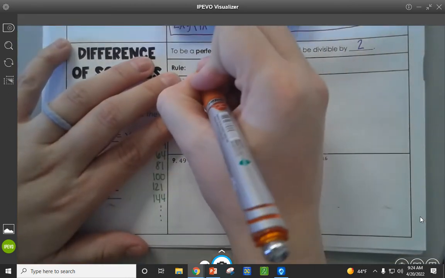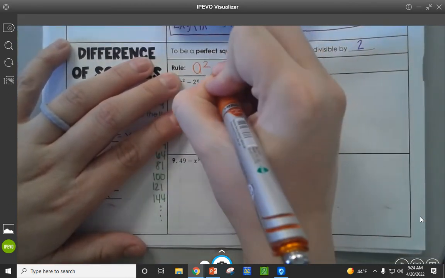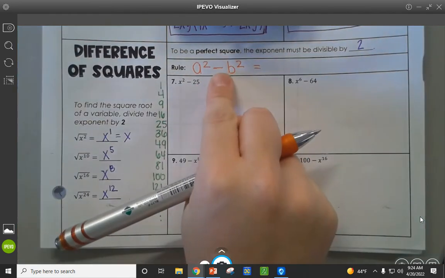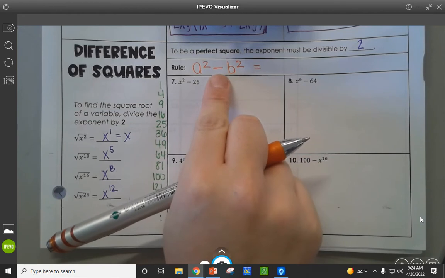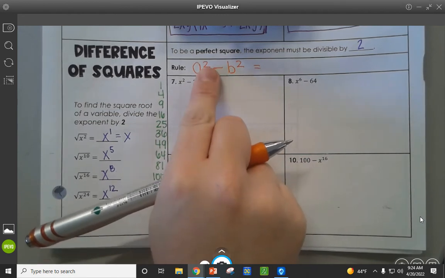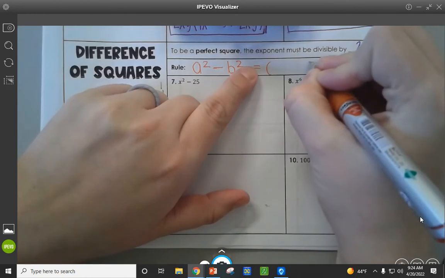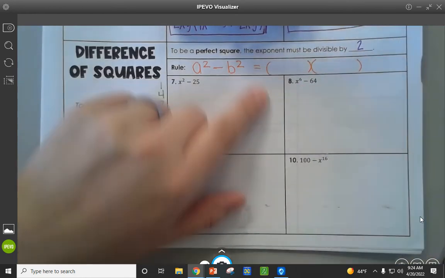So if my problem is a squared minus b squared, it only works with a minus. So I have something squared minus something else squared. In order to factor this, I'm going to get in 2 sets of parentheses.